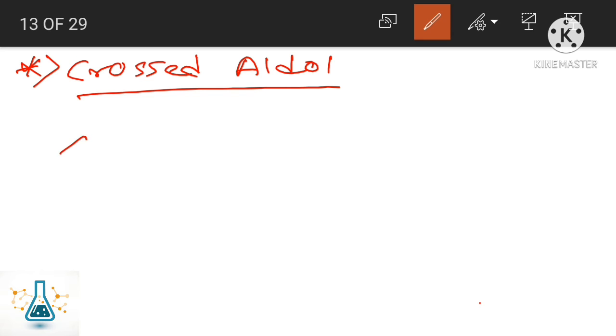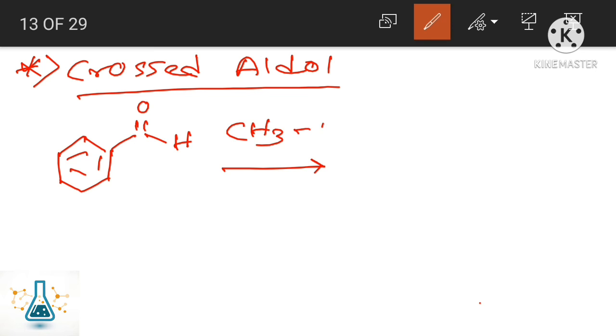Means if one of the partners of aldol reaction is benzaldehyde or any aldehyde which has no ionizable alpha hydrogen, and another one which contains an alpha hydrogen like acetaldehyde, CH3CHO. So if these two compounds are present, then what happens in presence of base?